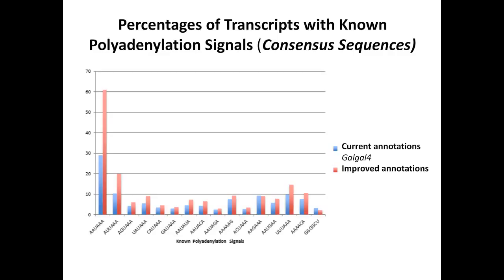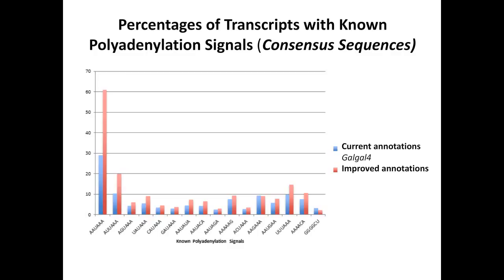So with our improved annotation, we are finding 2 times more of these signals in the transcripts. So it shows that the improvement we did actually improved the gene model annotation, because you can see it's more than double the number of polyadenylation signals. And the second one is also doubled. So this is the second polyadenylation signal.